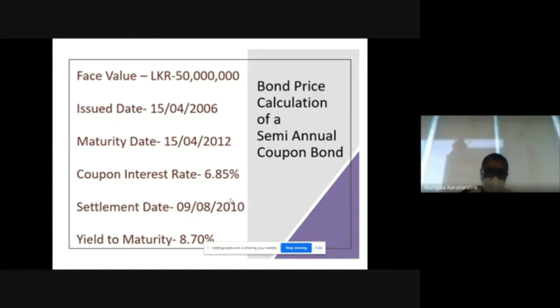He was holding this bond for a long time. Maybe he last got a coupon on 15/4/2010. So from 15/4/2010 to 9/8/2010, the interest for that period belongs to the current holder, or we can say the seller of this bond.